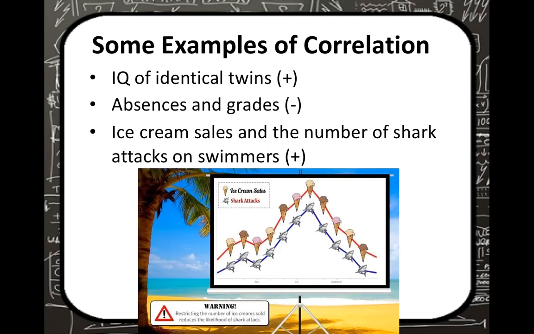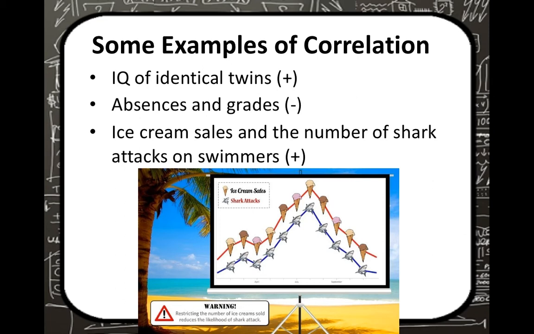They're both related to heat. When it's hot out, people tend to buy more ice cream. Ice cream sales go up. And when it's hot out, people tend to go in the ocean, right? You don't go in the ocean in February usually. You go in the hot months, in the summer months. In the summer months, there tend to be lots of high ice cream sales because people are hot, they're buying ice cream.